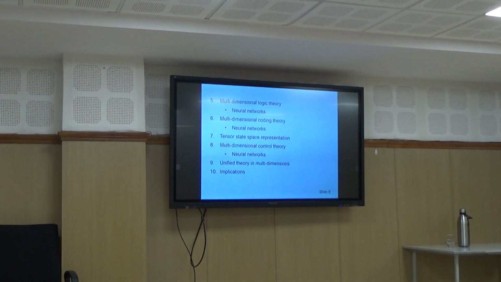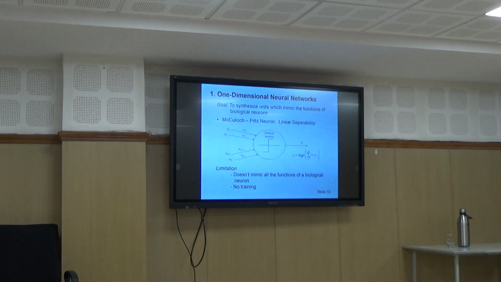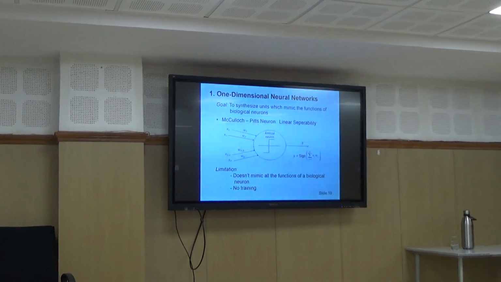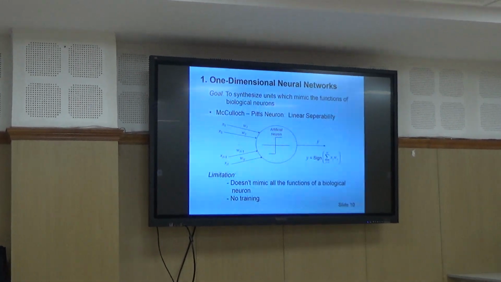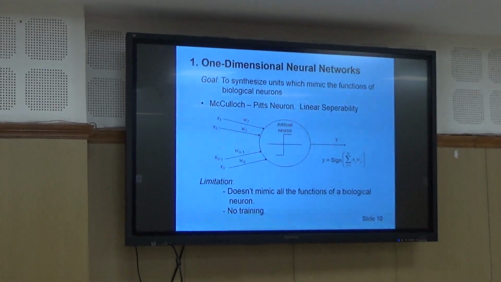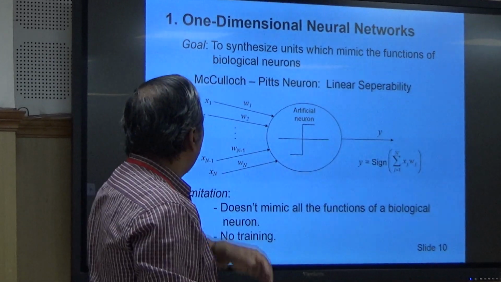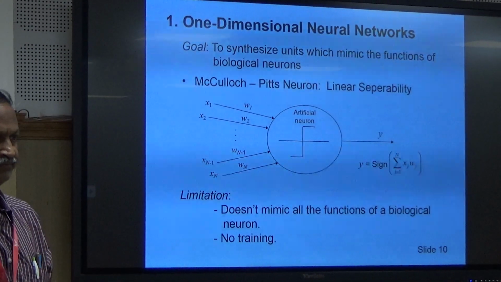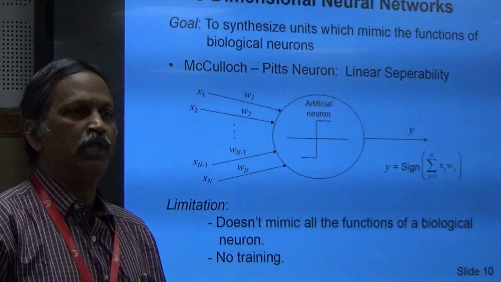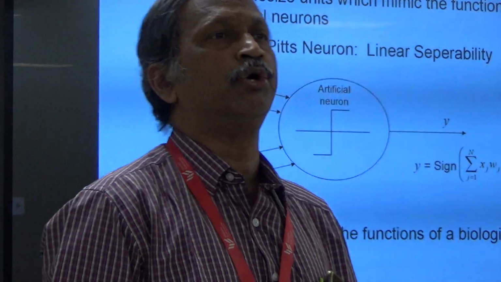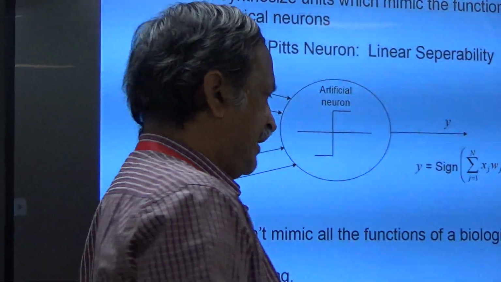Okay, let's get to the actual goal. Our goal in the case of one-dimensional neural networks is to synthesize units which mimic the functions of biological neurons. We want to synthesize units which mimic the functions of biological neurons. That's our goal. Whether we'll be able to achieve it ever, we don't know. Alright?